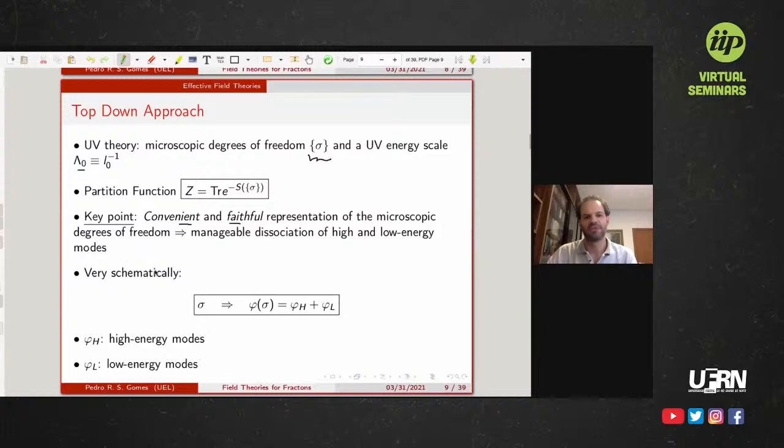So in a very systematic way, we can think like this. We start with the microscopic variables, and we represent them in a convenient way, and we can decompose it like this. So as I said, this is very schematic, but the point is we can dissociate the high energy modes from the low energy modes. Okay.